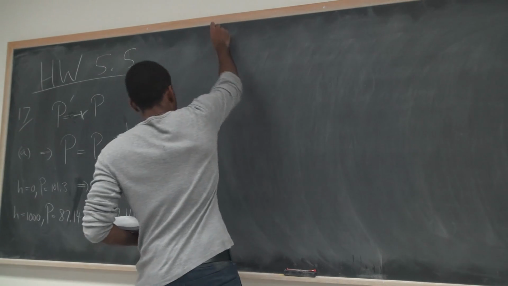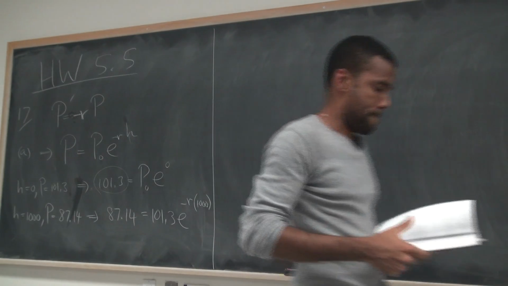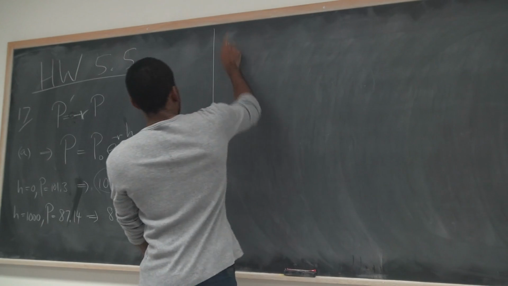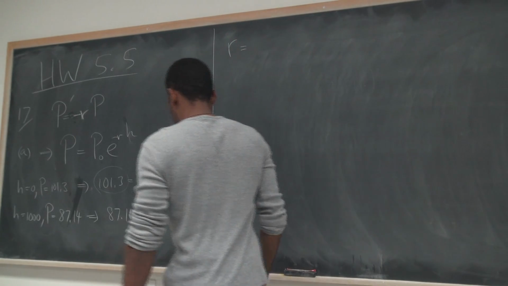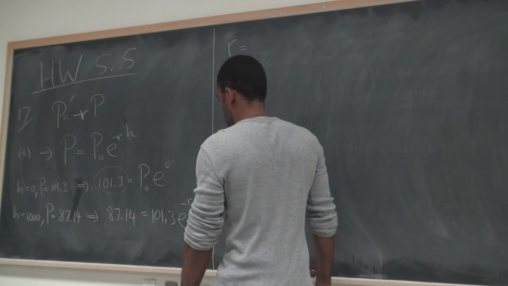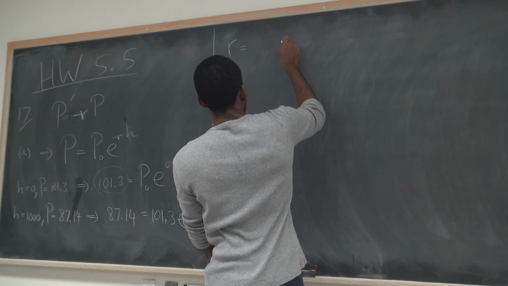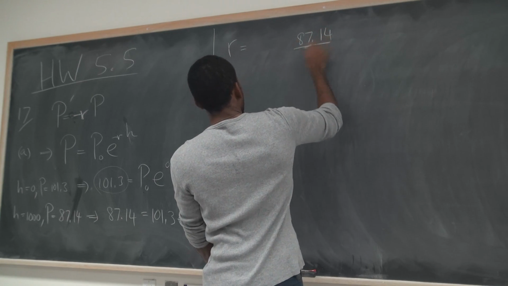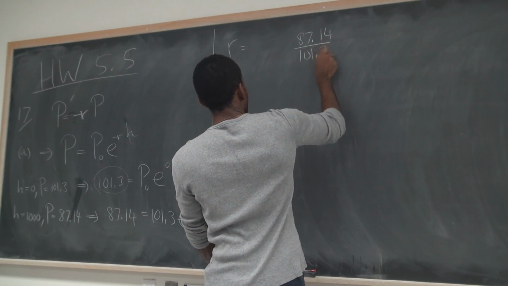So I can use that to solve for r. So r is going to be, well, I'm going to divide by this, so it's going to be 87.14 over 101.3.